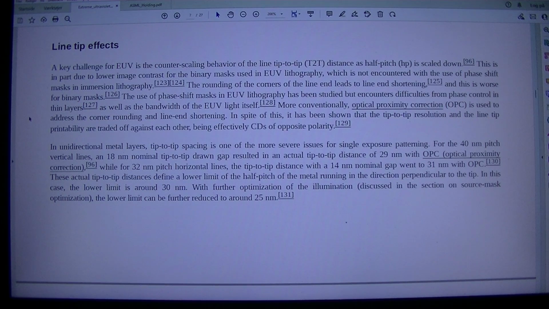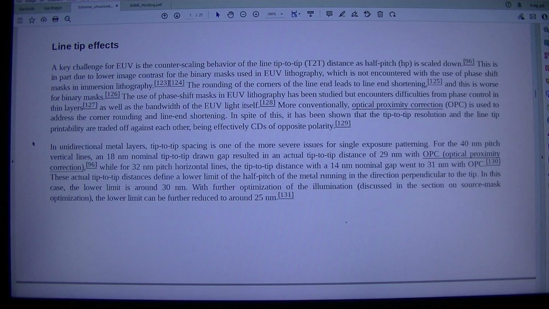In spite of this, it has been shown that the tip-to-tip resolution and the line tip printability are traded off against each other, being effectively CDs of opposite polarity.[129] In unidirectional metal layers, tip-to-tip spacing is one of the more severe issues for single exposure patterning.